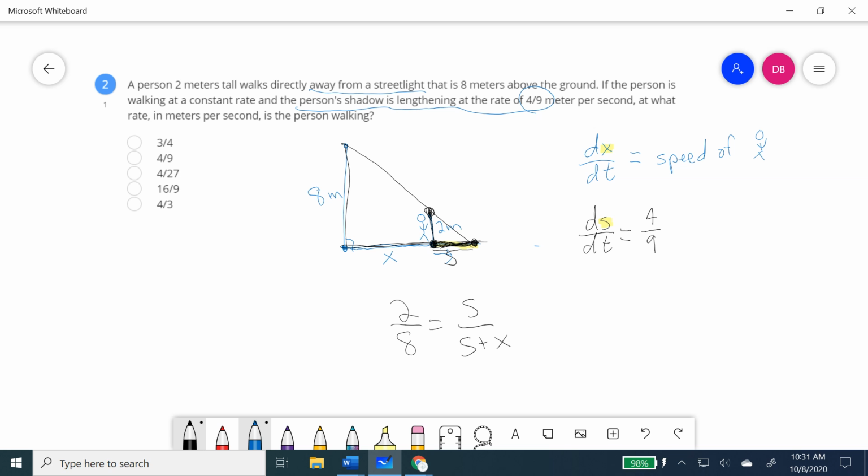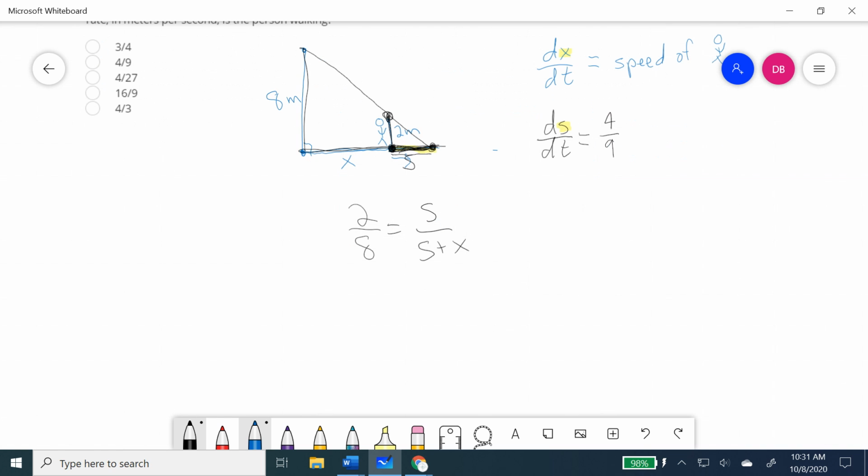And you might set the problem up a little bit differently. When I cross multiply, I'm going to get 2 times S plus, oh wait, silly me. How about I reduce the fraction? Now when I cross multiply, I have S plus x is equal to 4 times S.